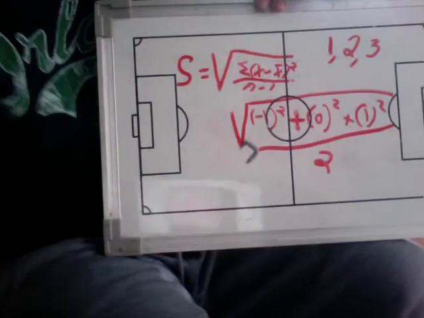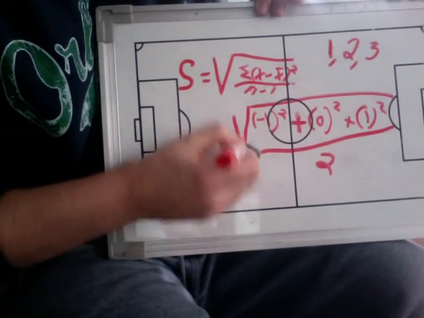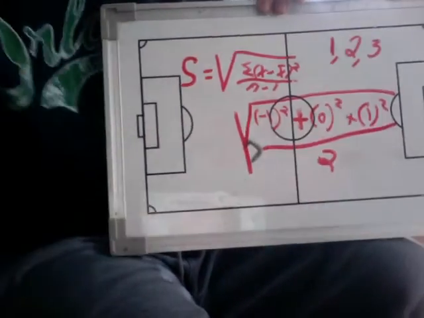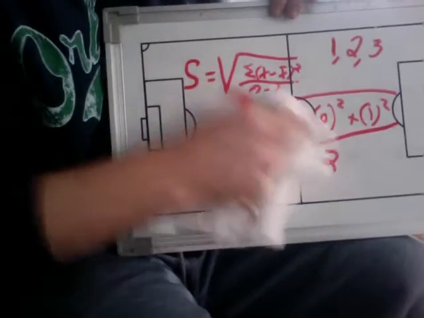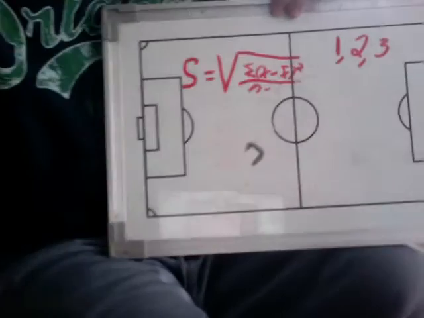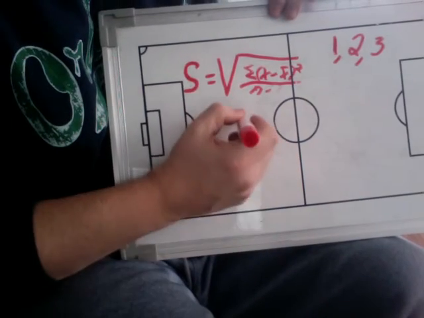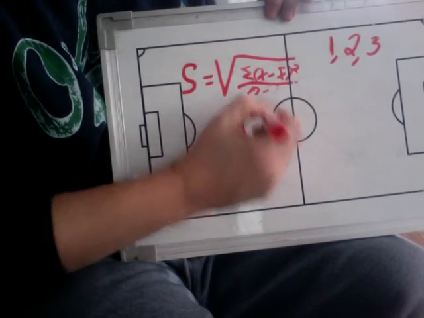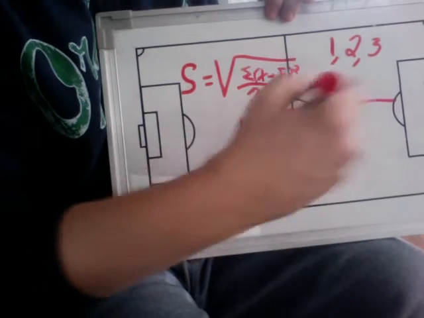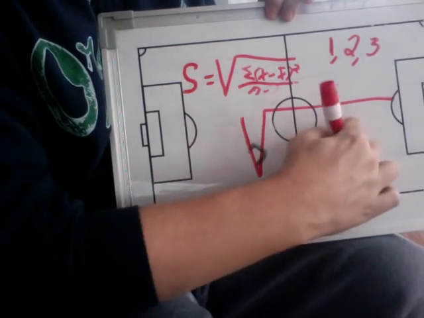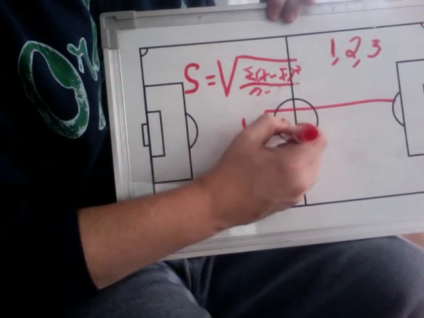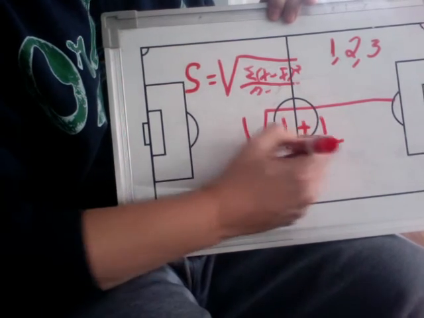Well, this works out, and please note the square root symbol is all the way over the denominator as well. It's important that you catch that. So this becomes the square root, and after you square, you know, the 1 squared, the 0 squared, the 1 squared that we had, you have 1 plus 1 over 2.